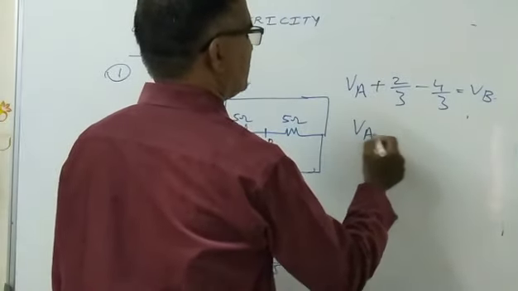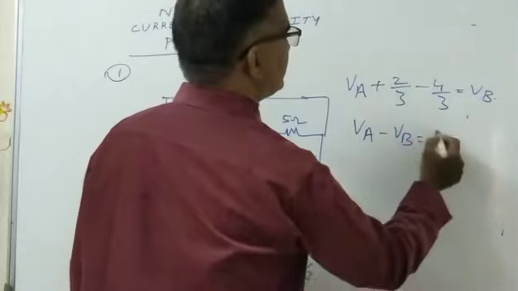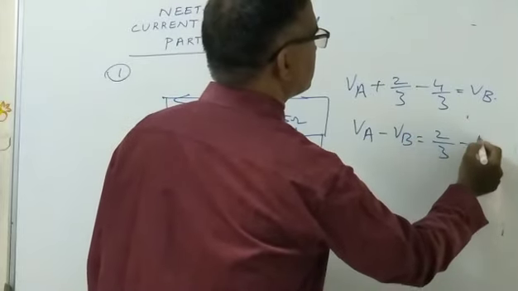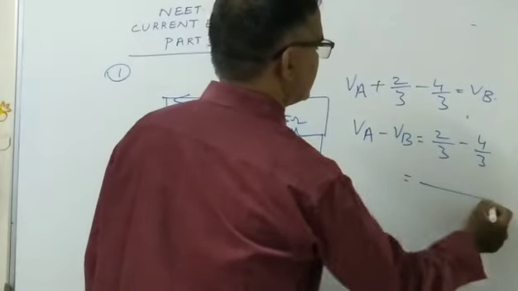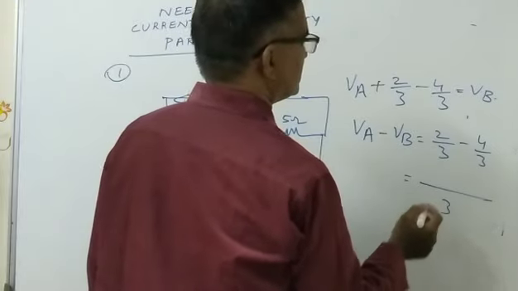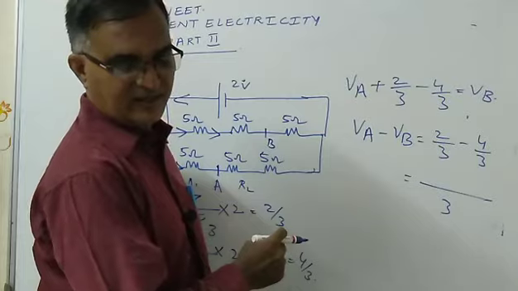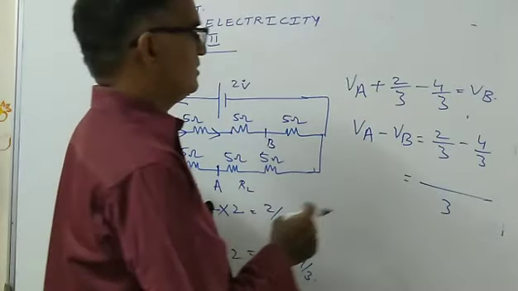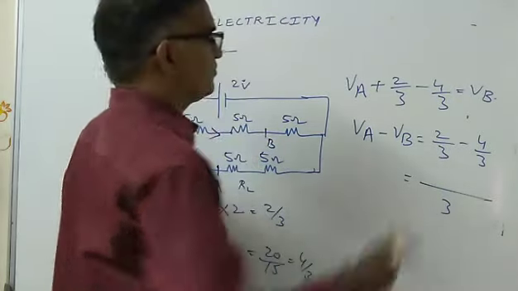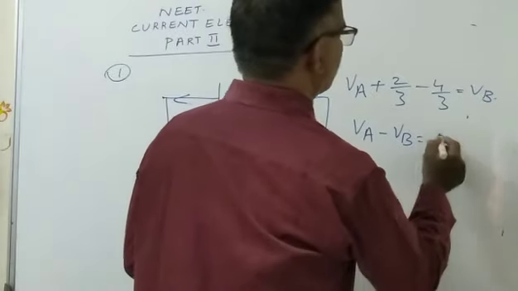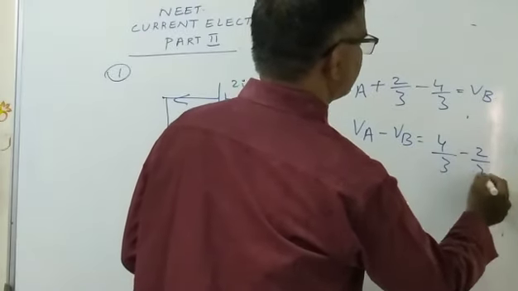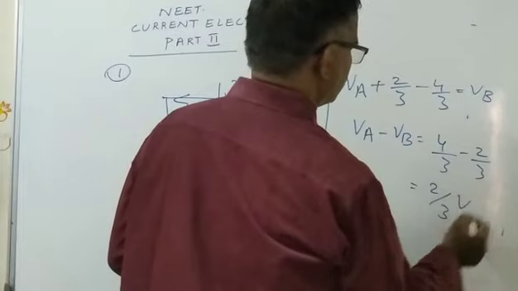Now if you take VA minus VB, it is 2 by 3 minus 4 by 3, with 4 by 3 taken this side, 4 by 3 minus 2 by 3, that is equal to 2 by 3 volts.